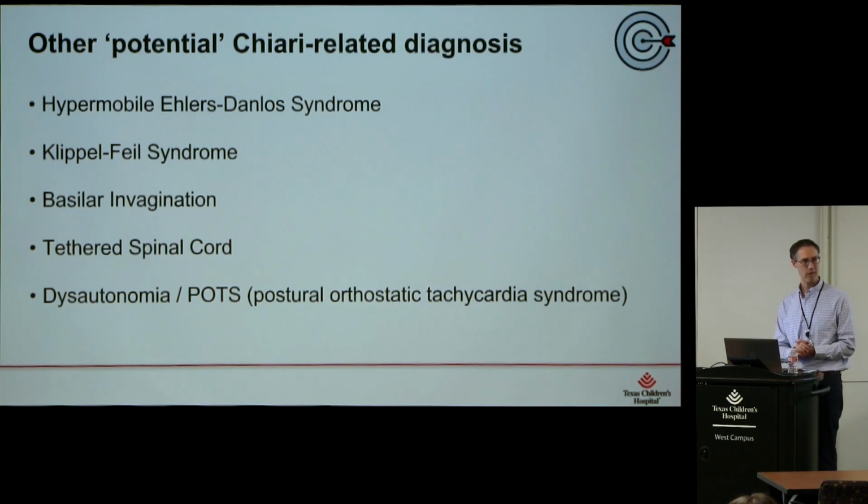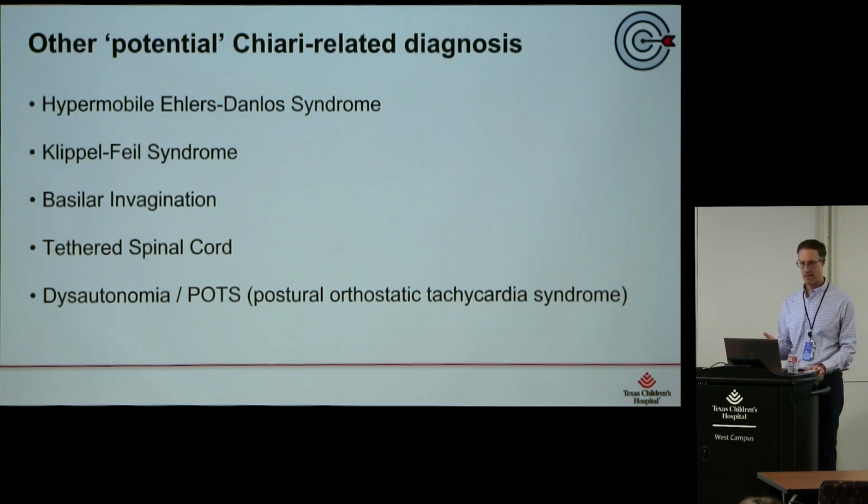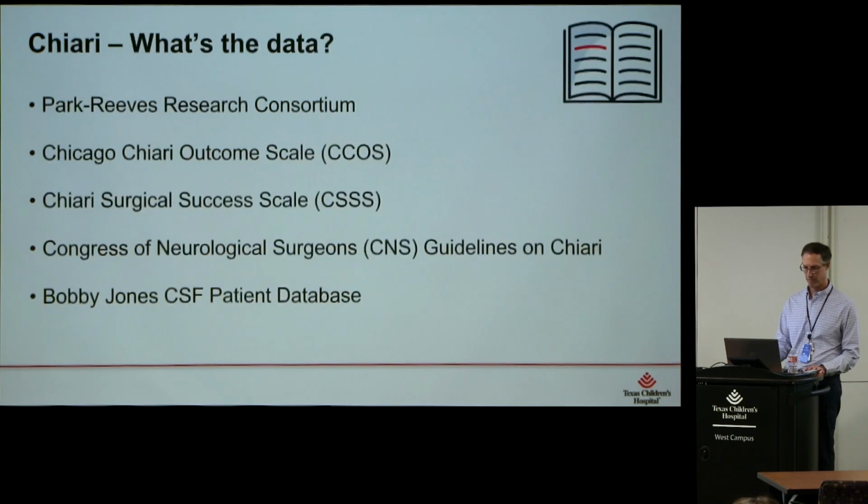Tethered spinal cord, a condition where the spinal cord is lower in the spinal canal than it should be, and that can possibly be related or pull things down. And then there's dysautonomia or POTS. These are conditions that some people with Chiari have. It may not be related to Chiari, but may be an associated problem, and may need special treatment.